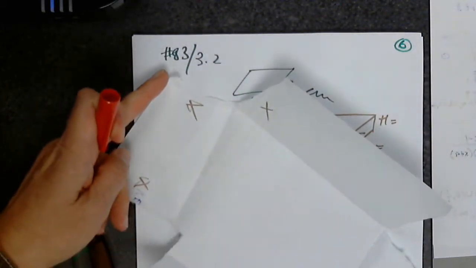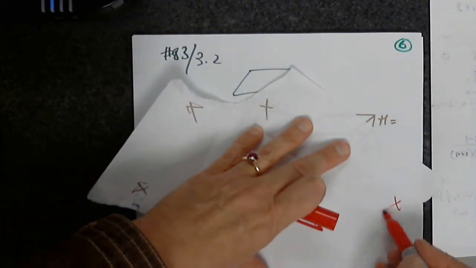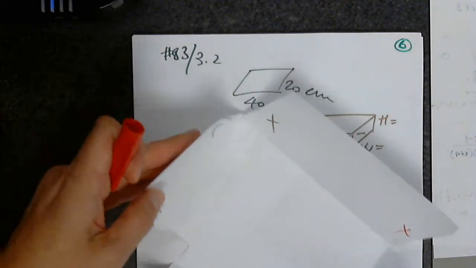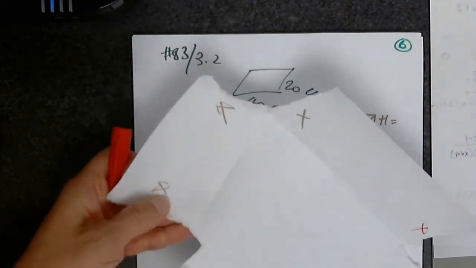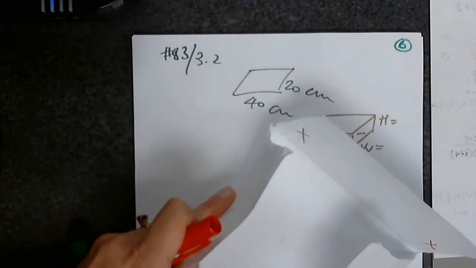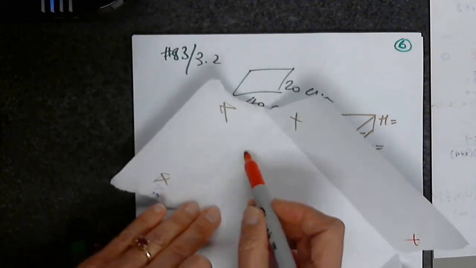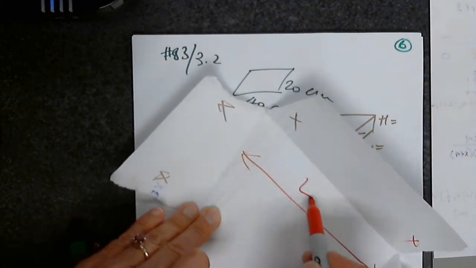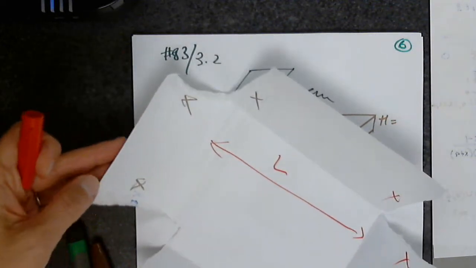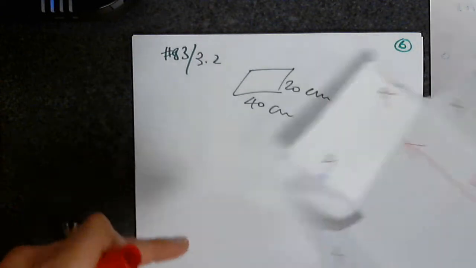This was 40. Now this is the length of the box: 40 minus 2x. Very good.